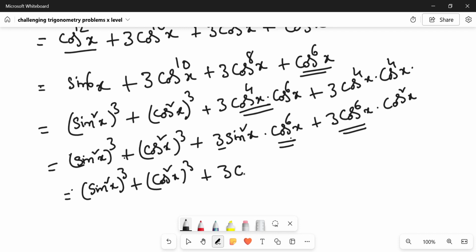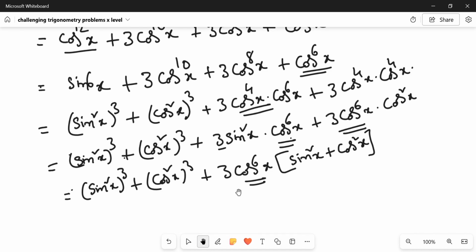Just take out this cos power 6x first. So 3 cos power 6x, if I take common, I get sin square x plus cos square x. I got this. Almost it's over. Now I had to do a little transformation here, and then we are getting that form.